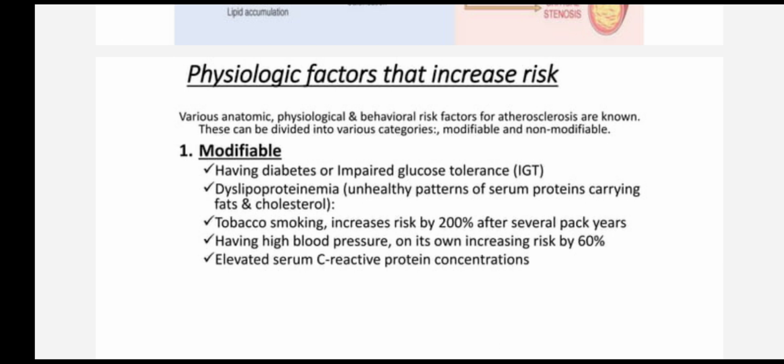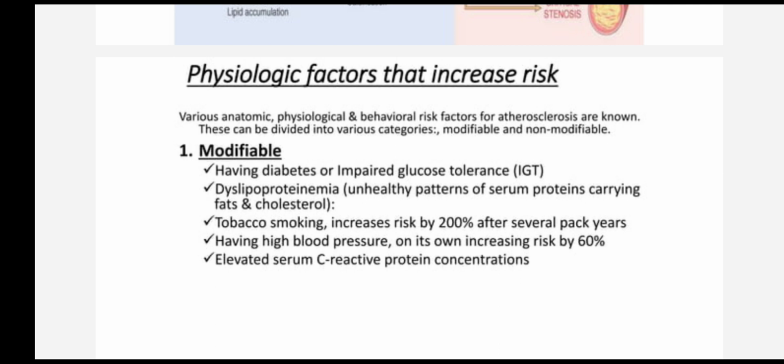Physiologic factors that increase risk. Various anatomic, physiological, and behavioral risk factors for atherosclerosis are known. These can be divided into various categories: modifiable and non-modifiable.